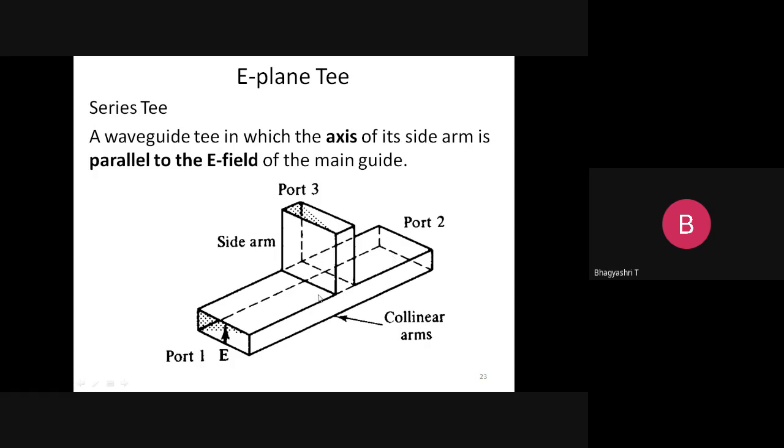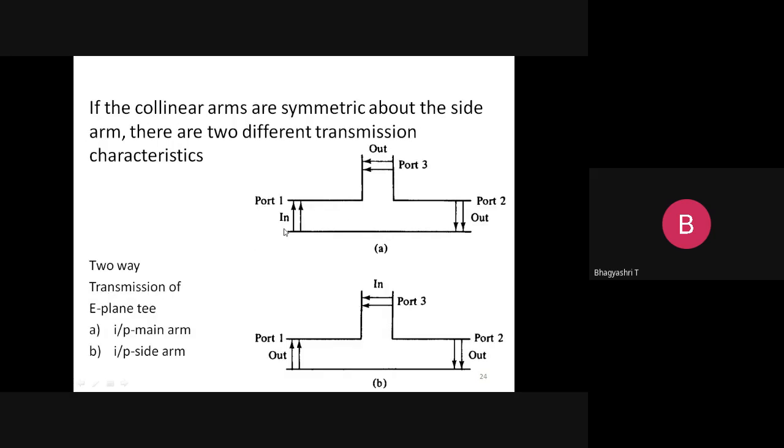If the collinear arms are symmetric about the side arm, there are two different transmission characteristics: input at the main arm, and input at the side arm. So this is the input, this is the input. So we are getting these characteristics.